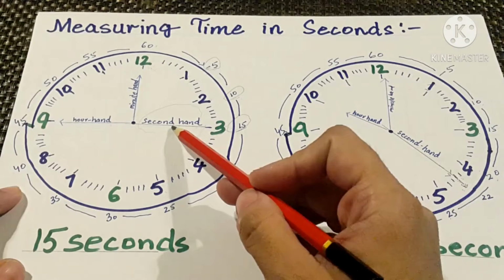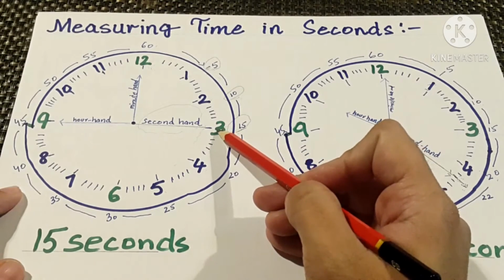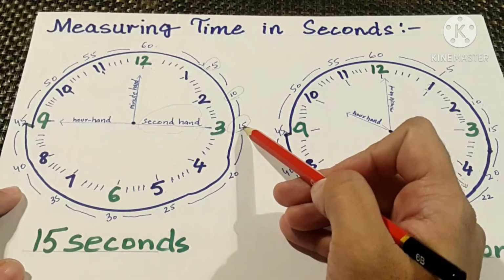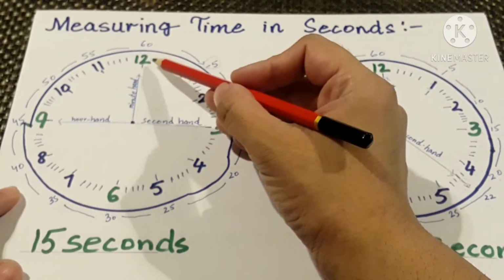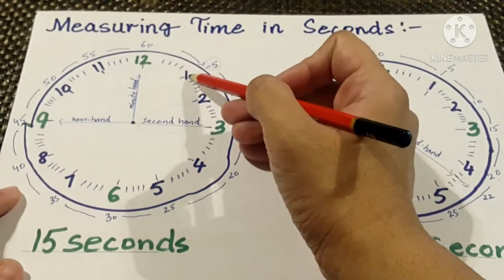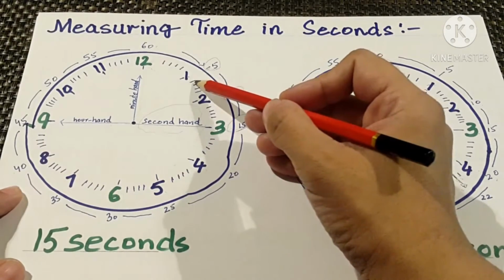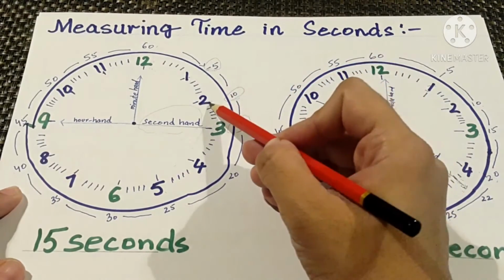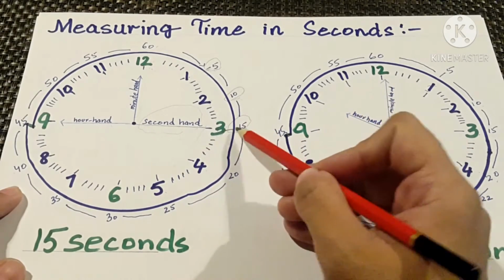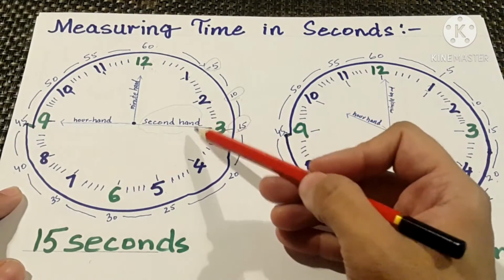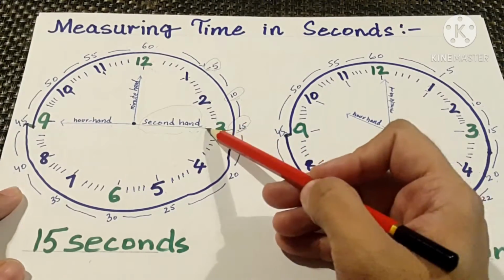So in this figure the second hand is pointing towards 3, which means 15 seconds in total. How 15 seconds? Let us count. 1, 2, 3, 4, 5 at 1, 6, 7, 8, 9, 10 at 2, 11, 12, 13, 14, 15 at 3. So 15 seconds is the time in seconds over here.